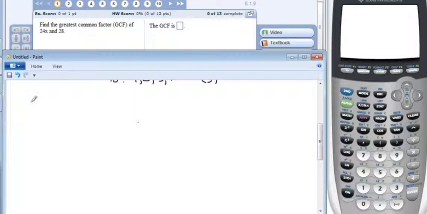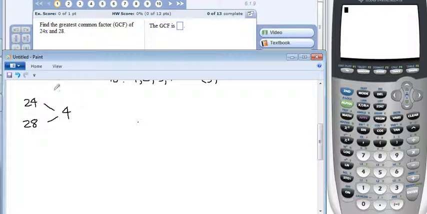Okay, so let's first of all take the numbers 24 and 28, and I want to ask, what is the biggest number that divides in evenly into both of those numbers? The biggest. Well, I look at those and I think, well, I know a 2 goes into both of those, right? But also a 4 goes into both of those. And a 4 is bigger, so I'm going to say the GCF here is a 4. All right? It's the biggest number that goes into a 24 and a 28 evenly at the same time.